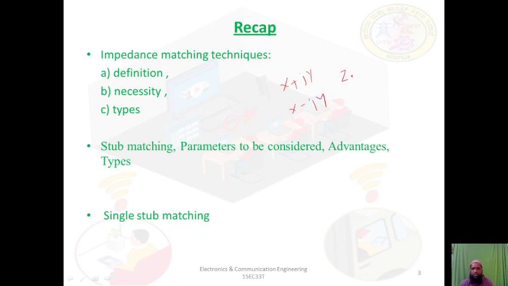That is, Zs should be the complex conjugate of the load. The real parts of the source and load impedance should be equal in magnitude, but the reactive parts should be equal in magnitude and opposite in phase. That is, if we have capacitive reactance in the source, then we have inductive reactance in the load.